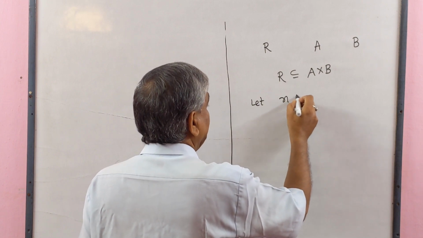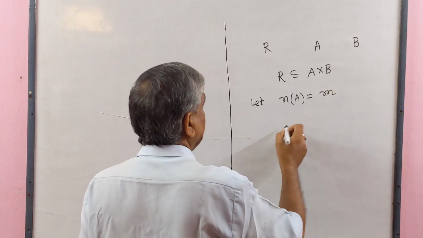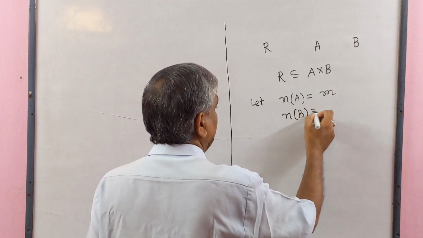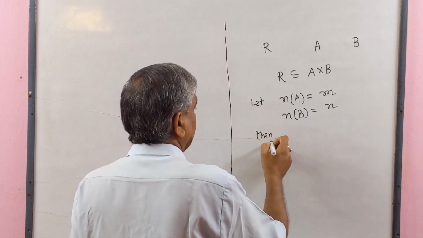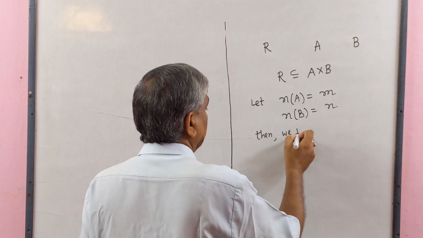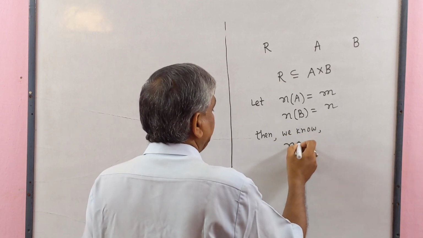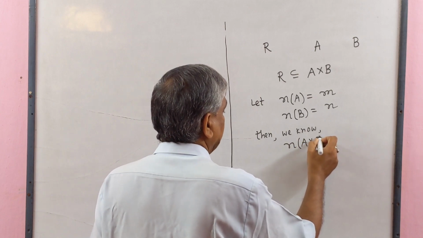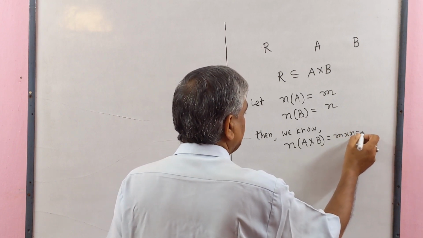Let the number of elements in set A equal M, and the number of elements in set B equal N. Then we know the number of elements of the Cartesian product A cross B equals M multiplied by N, that is MN.